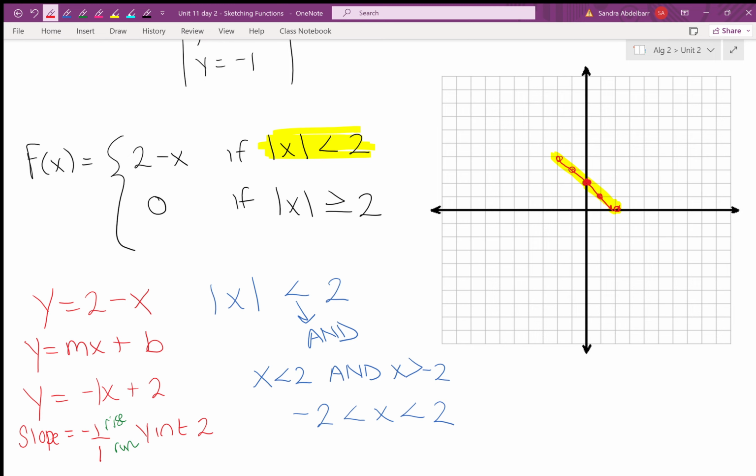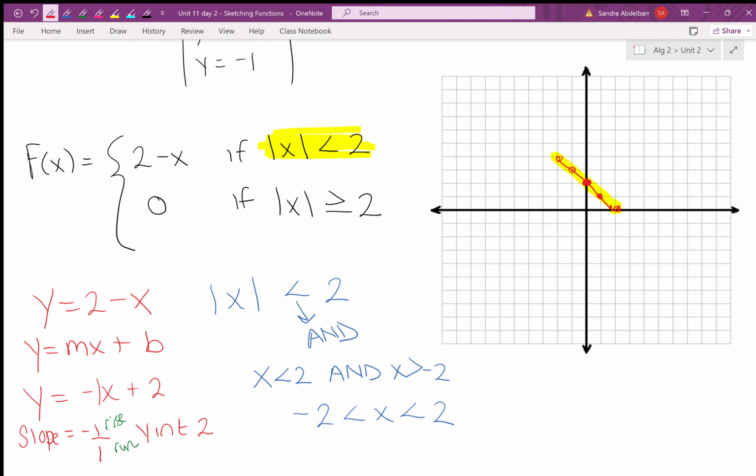Yes. I'm confused about why it's not the other way around. Why did you keep that part? Okay, because of our restricted domain. When it's saying this is only true when the absolute value of x is less than 2, x has to be less than 2 and x has to be greater than negative 2.